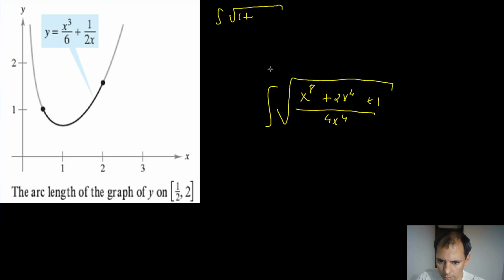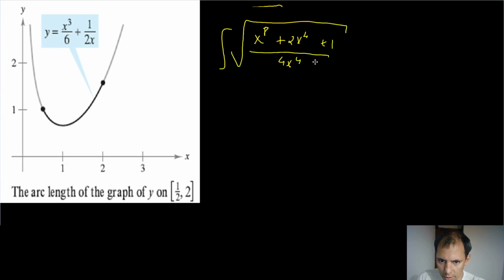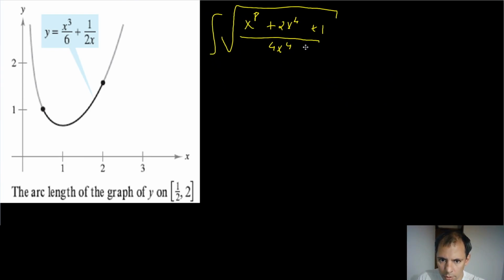I'm just going to get this thing and move it over here, there you go. Now you see the square root of, and dx, right? So you have to do that, and it'll be from 1/2 all the way to 2. And when you take the square root of a fraction, you can take the square root of the numerator divided by the square root of the denominator.